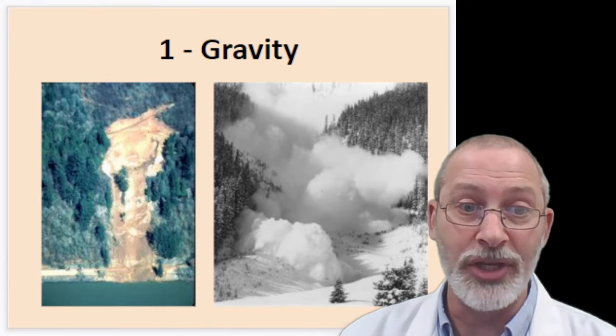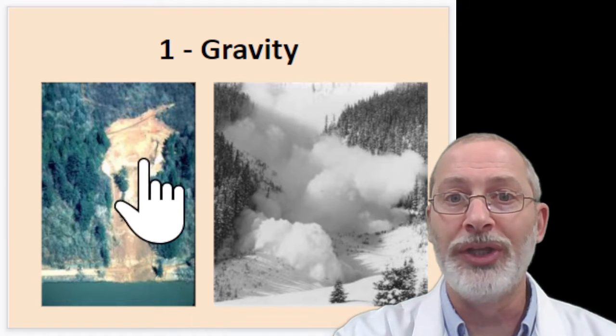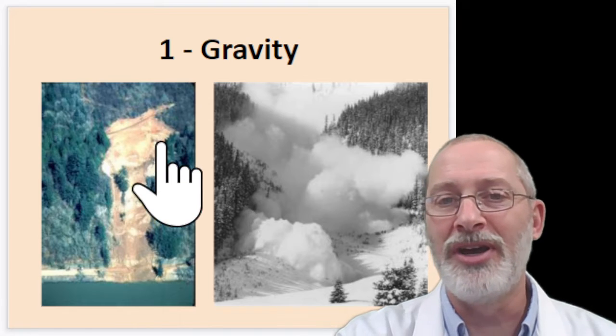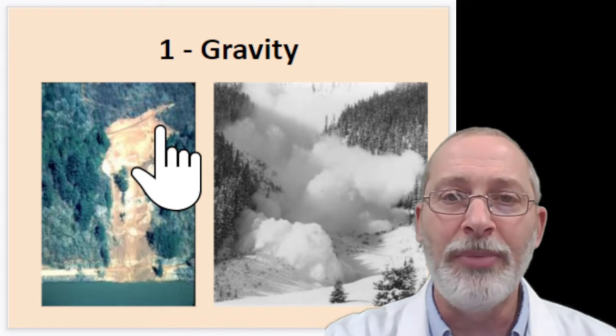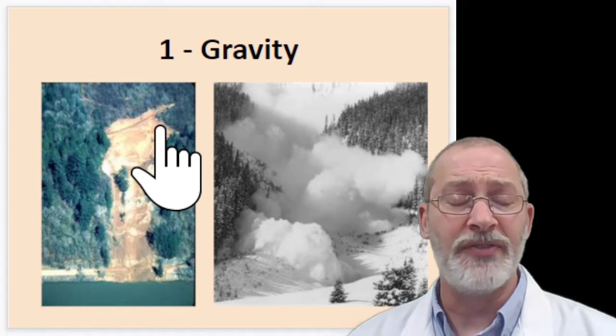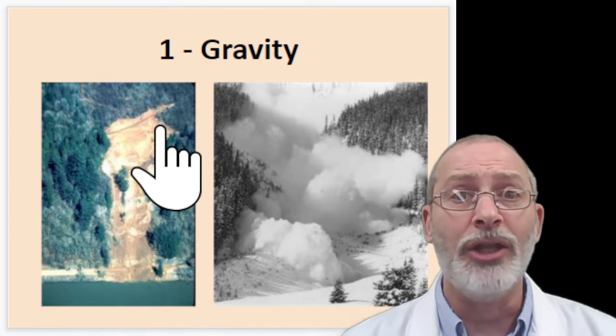Wow, check out these 2 pictures. The one on the left here is showing what's called a landslide, an entire portion of a hill, probably because of increased moisture content. And this happens very frequently on the West Coast, parts of California.